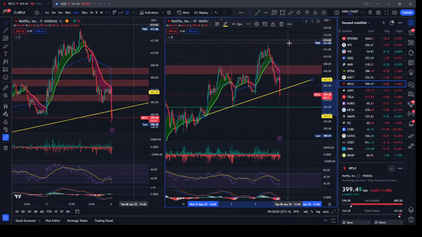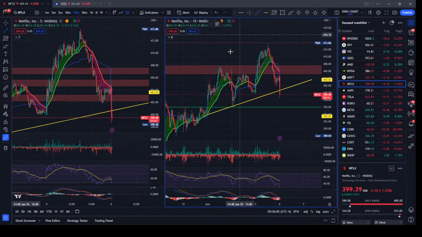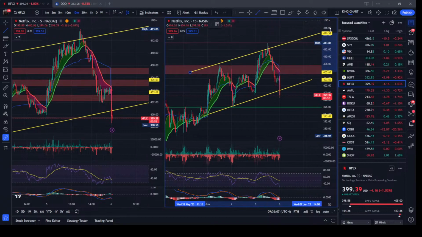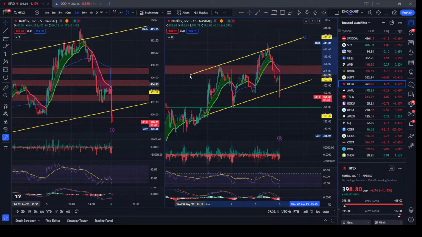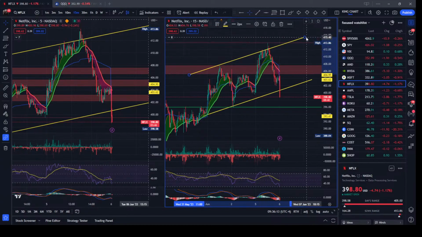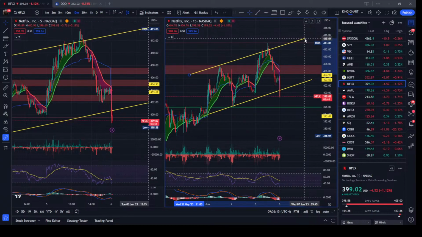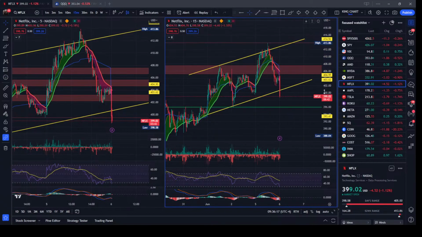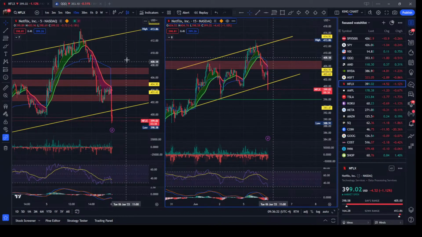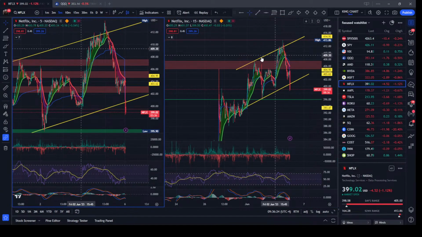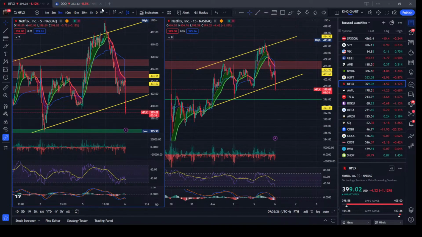Can actually go like right there. Yeah, so Netflix is looking to just break down even more off of this rising channel here.